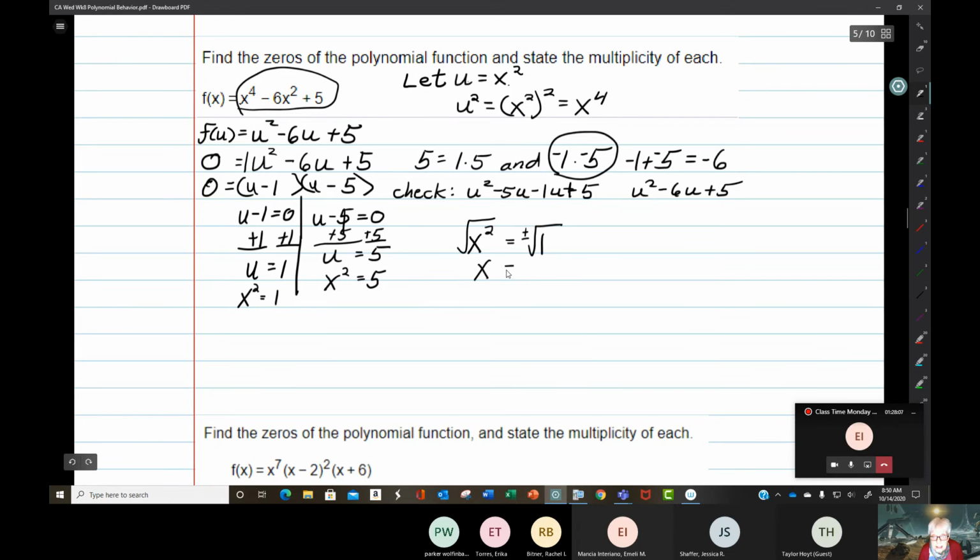So x equals plus or minus, the square root of 1 is 1. So that means x will equal negative 1 or positive 1.